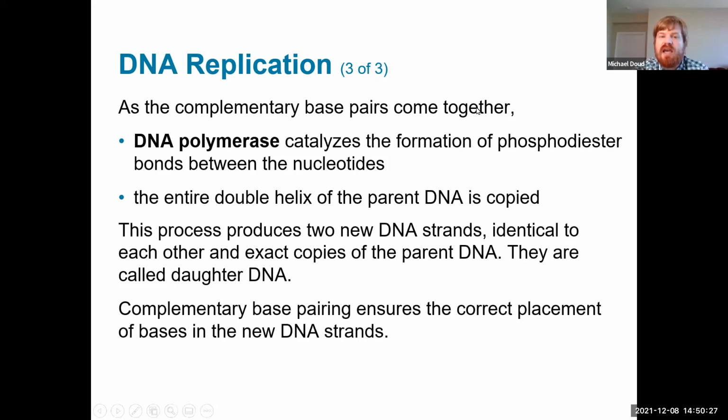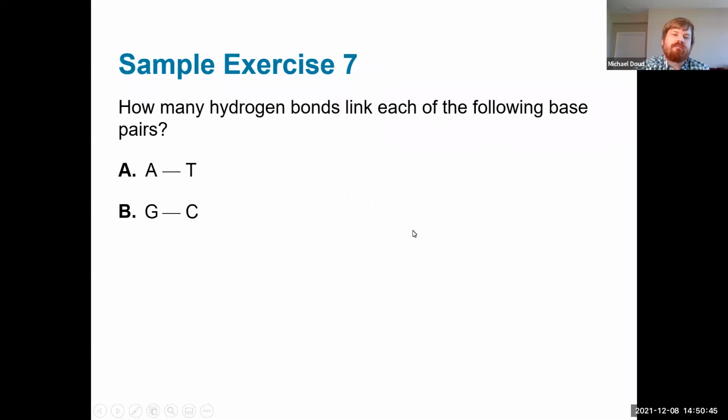Because of DNA and the base pairing aspect of DNA in particular, information can be passed along from cell to cell and then from parent to daughter in exactly the same way. So this is the function of nucleic acids here. DNA in particular is for the storage of this information.